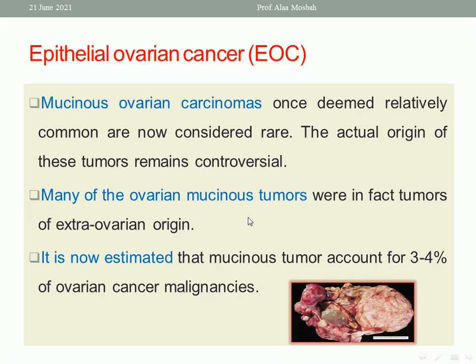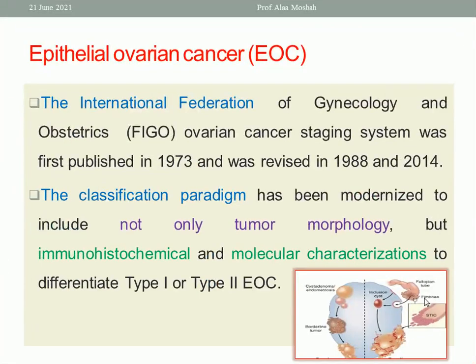So it is a controversy regarding its origin. Many of the ovarian mucinous tumors were in fact tumors of extra-ovarian origin, and now it is estimated that the mucinous tumor accounts for 3 to 4% of ovarian cancer malignancies.